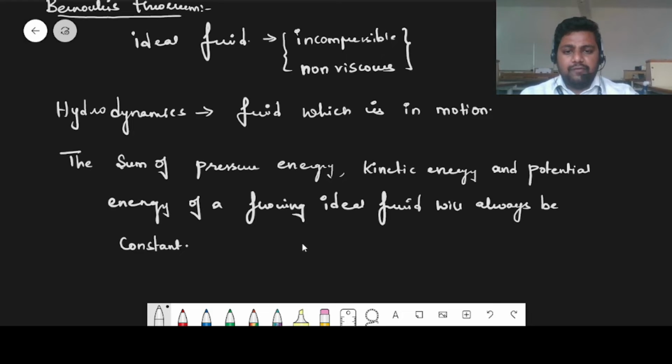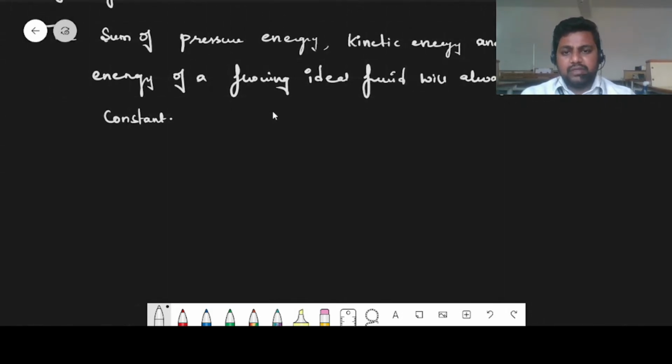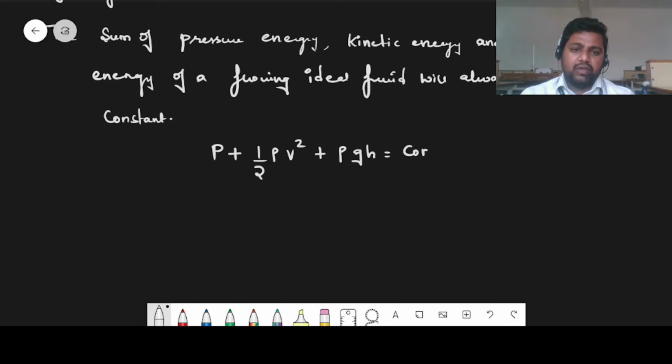If we are trying to prove this, the equation is written in this form: pressure energy plus half rho v square kinetic energy plus rho gh will always be constant. Now here I have to give one important detail.